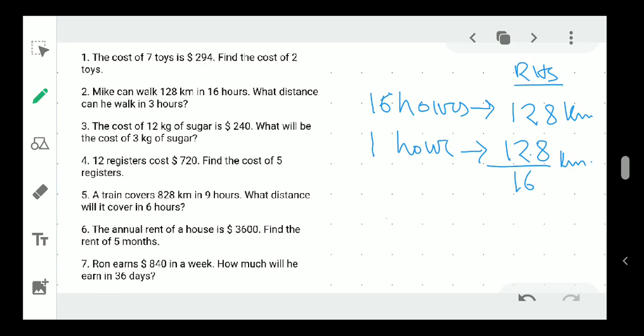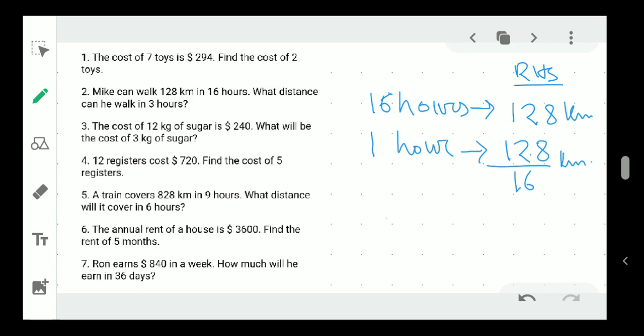Like if you go for 4 hours your distance will be what? If you go for 5 hours your distance will be more than that. So in those cases only this procedure will apply. Means first you have to divide, then you have to multiply. The next part, that is inversely proportional things, we will do in our next class. Okay, because that is a little bit tricky.